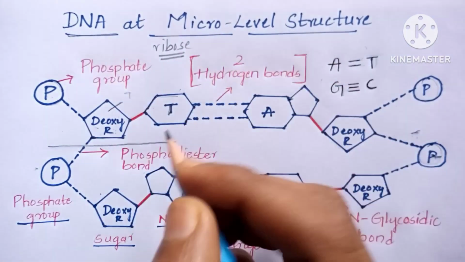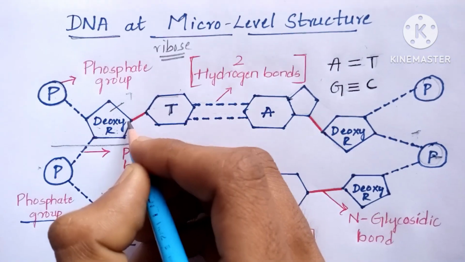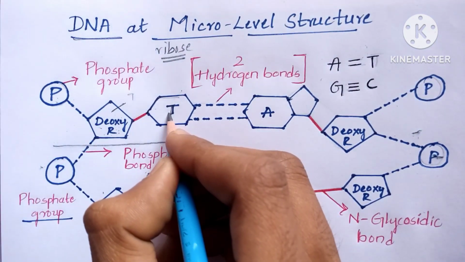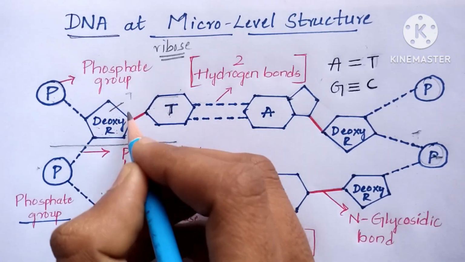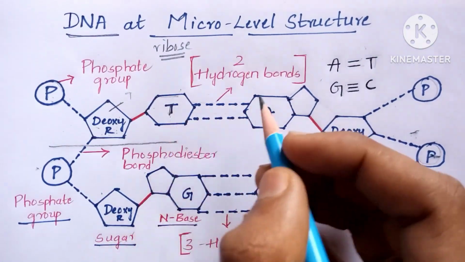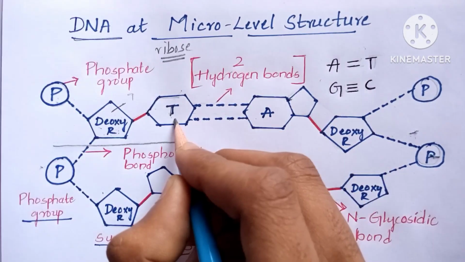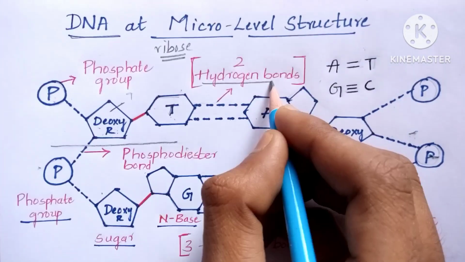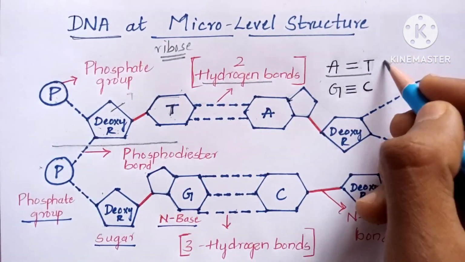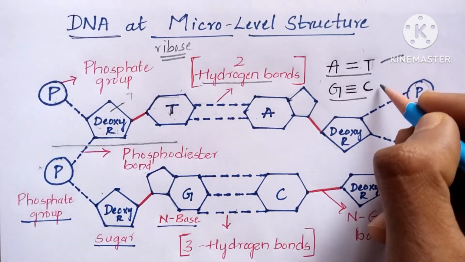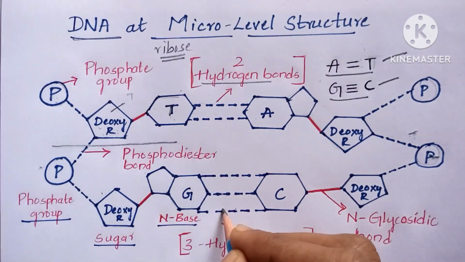So, since it is clear, this sugar molecule is centrally placed, and the phosphate and the nitrogen base, that is thymine, are placed on either side of the sugar molecule. Moving towards the bonds, the bond between adenine and thymine is a hydrogen bond, and there are 2 hydrogen bonds between adenine and thymine, and 3 hydrogen bonds between guanine and cytosine.